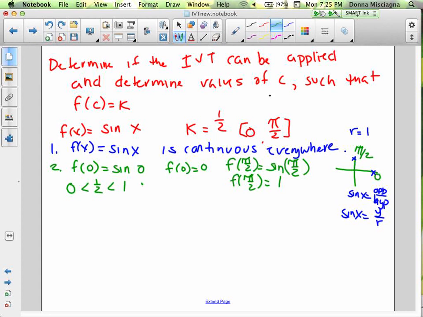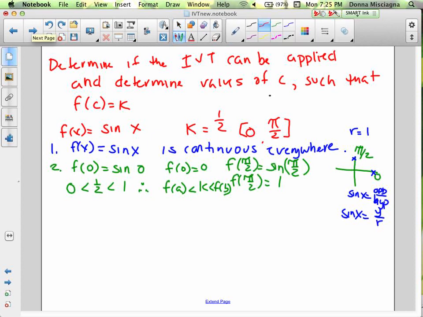So therefore, we did meet the requirement that K be between f of A and f of B. All right, so 2 out of 3 met.